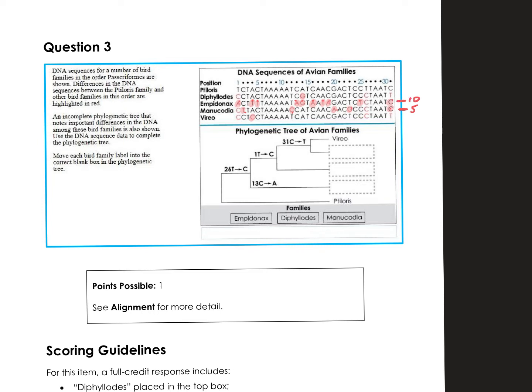And Diphyllodes has 1 difference. 1 difference. Well, which one's most closely related to Vero? It has to be Diphyllodes, right?